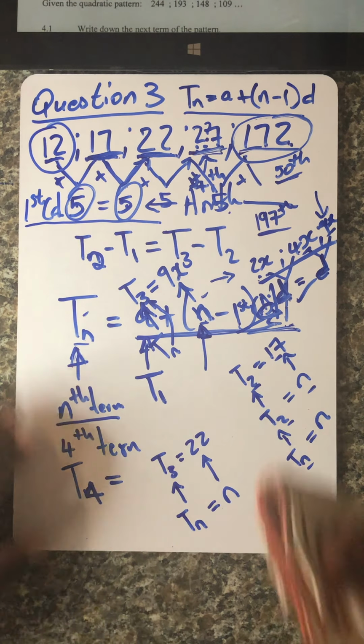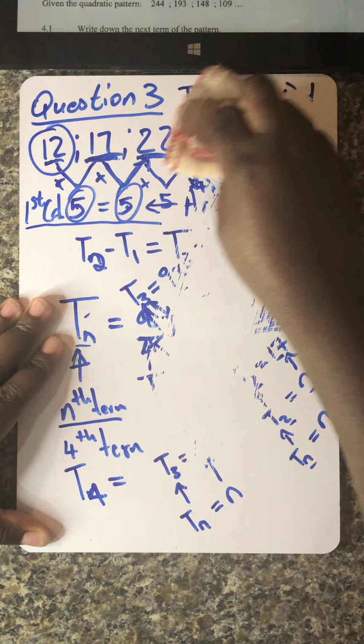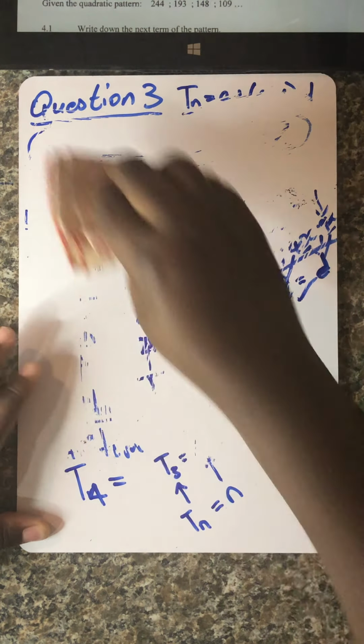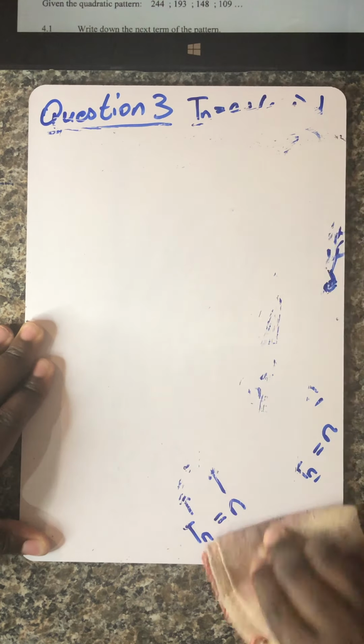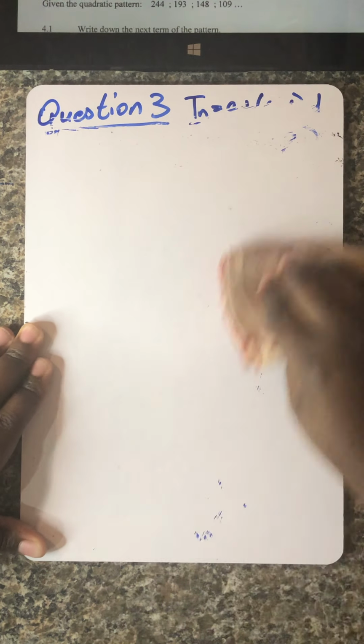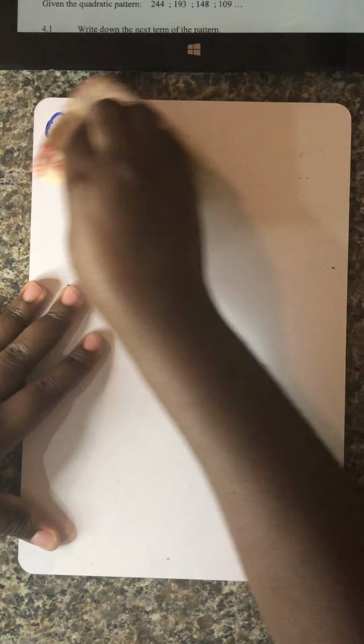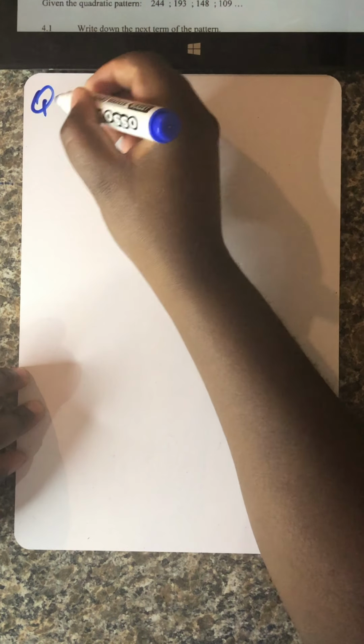I can tell you now, guys, you should be ready to answer these questions. And again, after this lesson, you will notice how easy this chapter is. Regardless of whether you're dealing with a geometric sequence or a quadratic sequence, it's not that complicated.